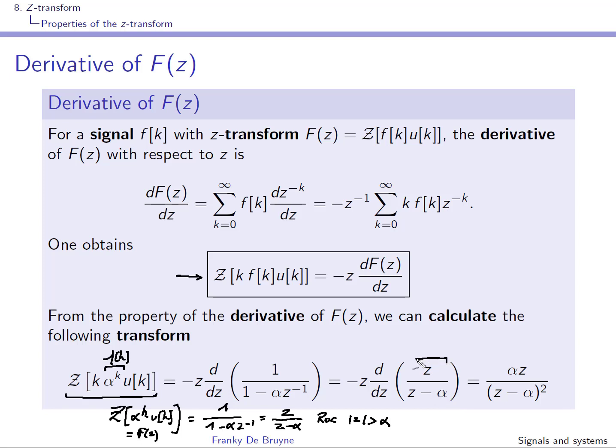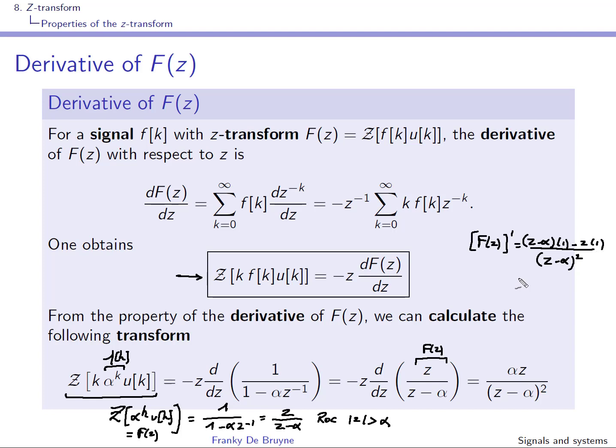So this is F of z over here, and if we compute the derivative of F of z with respect to z, what we have is z minus alpha squared at the denominator, and at the numerator z minus alpha times the derivative of the numerator, which is 1, minus z times the derivative of the denominator, which is also a 1.